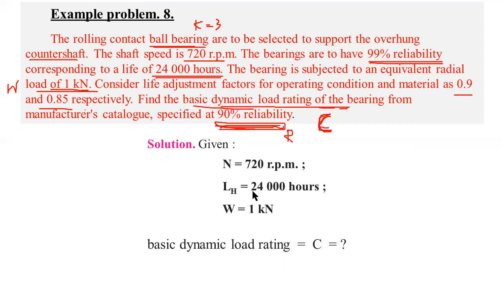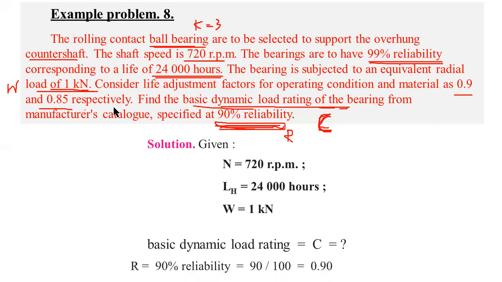L refers to life, H refers to hours. The dynamic equivalent load is given, W equal to 1 kilonewton. Here we have to find the value of the basic dynamic load rating, that is capital C.